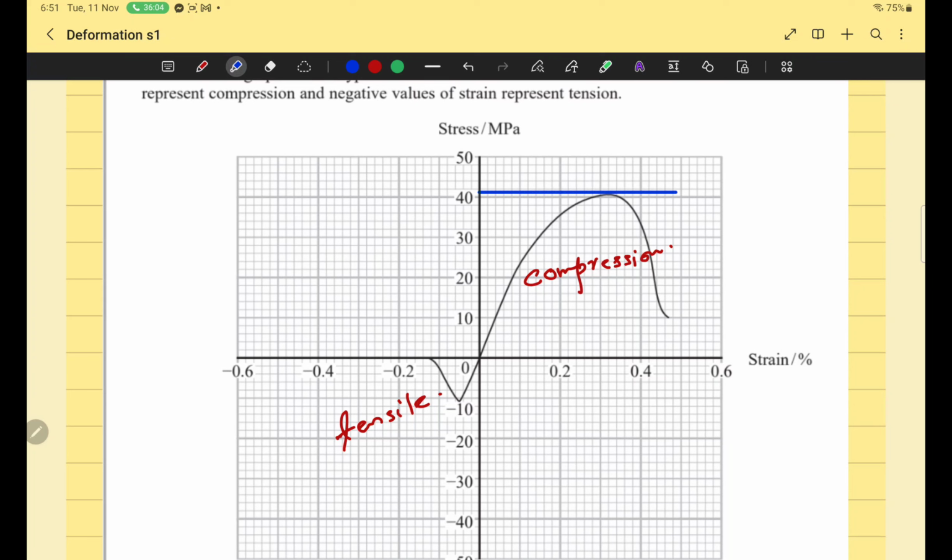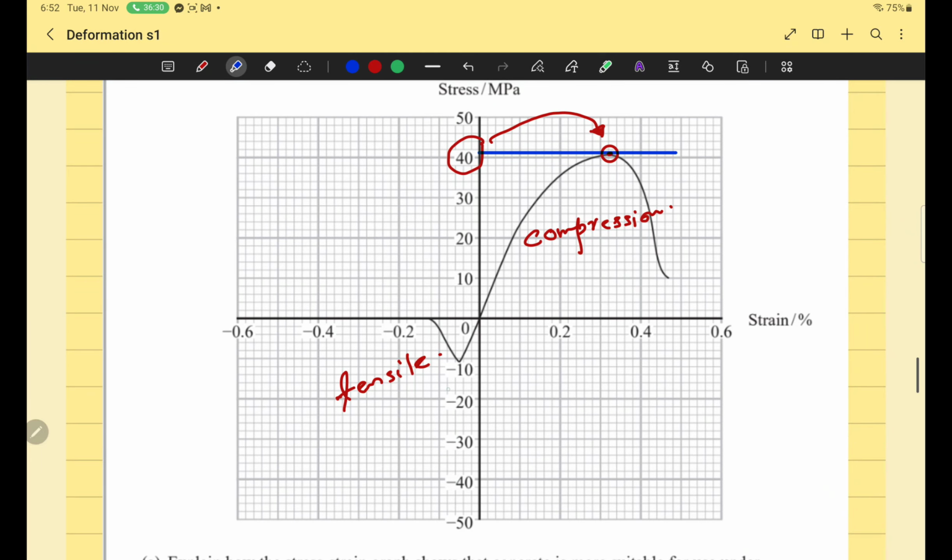The maximum value of stress is sometimes known as UTS, ultimate tensile stress, or sometimes ultimate compressional stress. The maximum value of stress in compression is high, and the maximum value of stress in stretching is low.